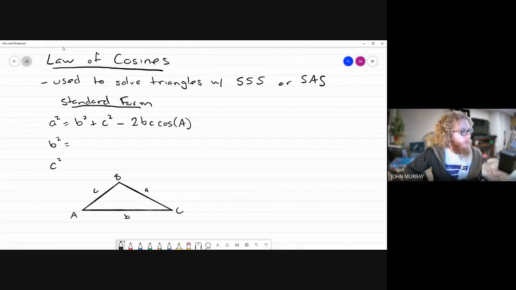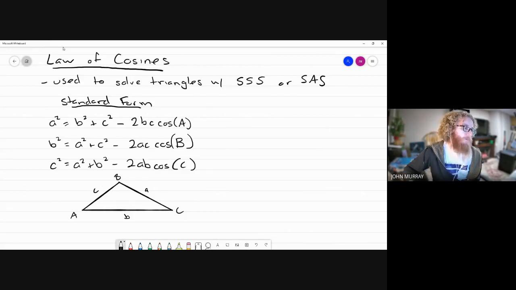Right, now these other forms are just different ways of writing this. So you're going to kind of notice a pattern like we did with the area. So b squared, we're going to say is a squared plus c squared minus 2ac times the cosine of B. And then c squared is going to be a squared plus b squared minus 2ab cosine of C. All right.